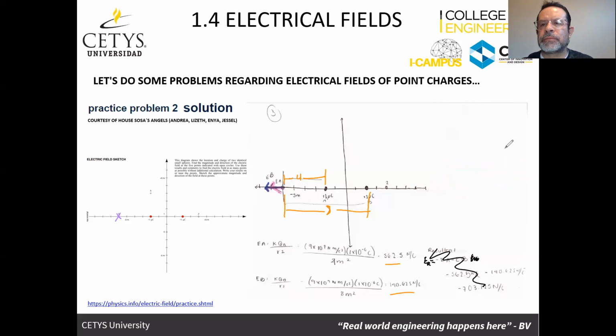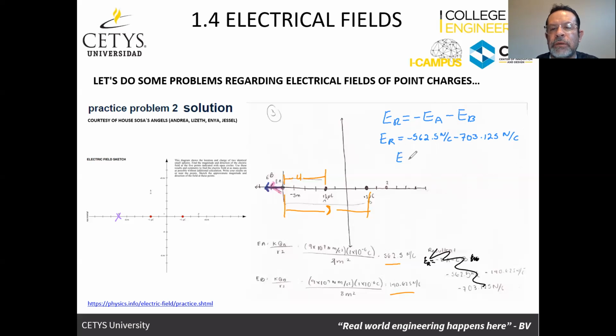I also want to add it to the PowerPoint. ER, the resultant electrical field, is minus EA minus EB, so minus 562.5 newtons per Coulomb minus 703.125 newtons per Coulomb.